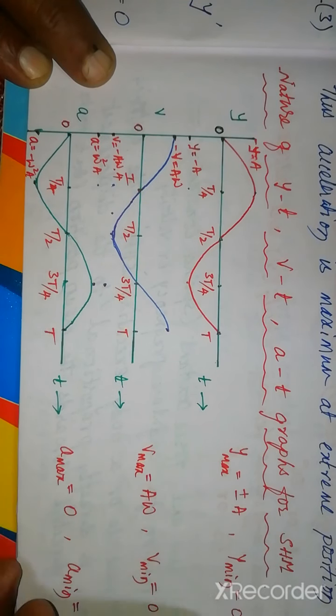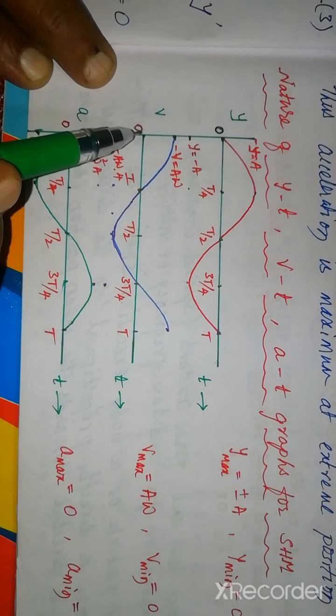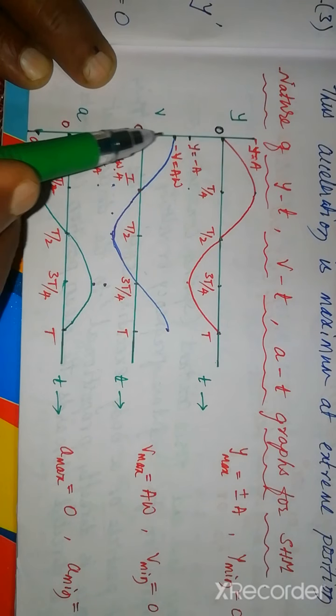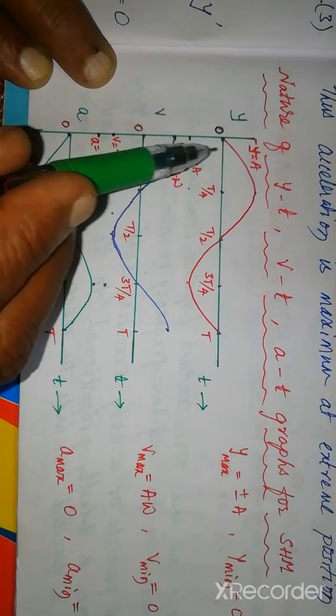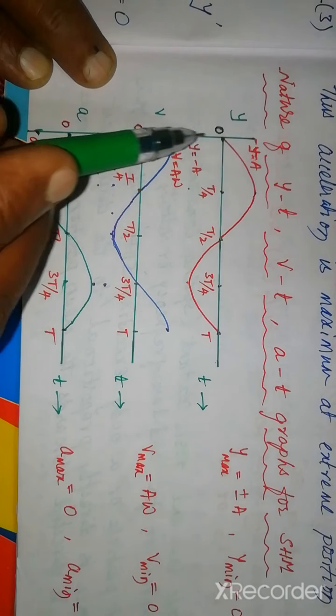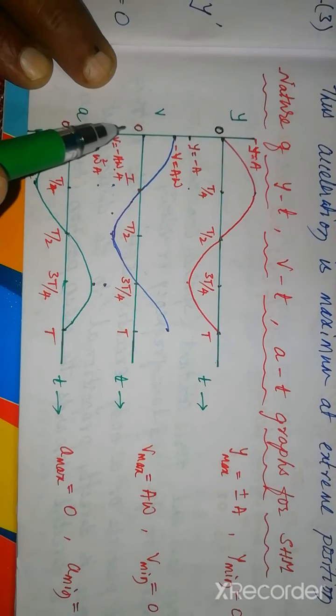Similarly, in the velocity time graph, when the time t is 0, that is the particle being at the mean position, velocity is maximum. So there is a phase difference between displacement and velocity. The phase difference is 90 degrees or pi by 2.